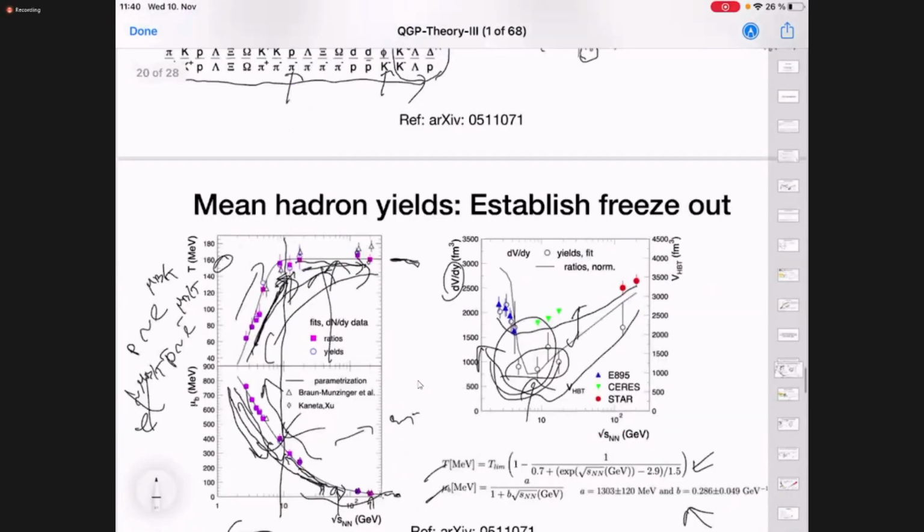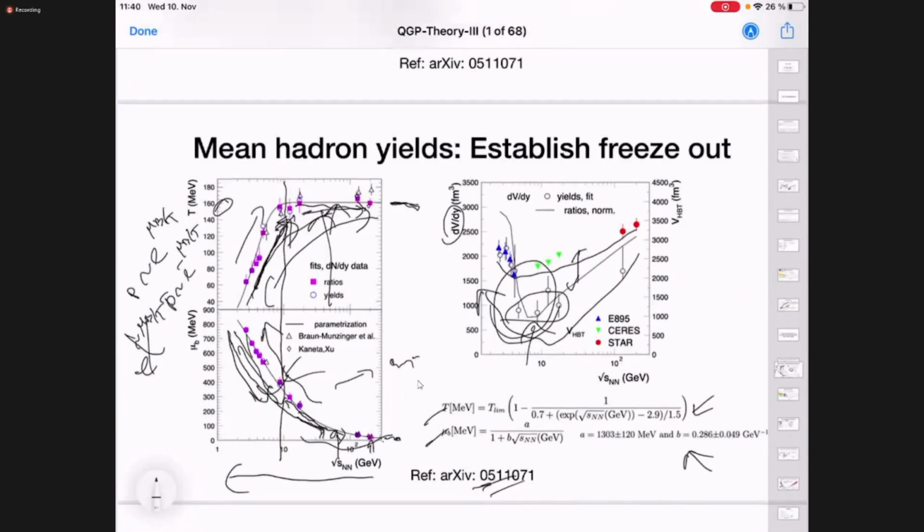Somehow there has to be some mechanism for this baryon stopping, right? As you go to lower beam energy, the incoming nucleons lose their rapidity and are mostly deposited at mid rapidity. That's what one has to understand.